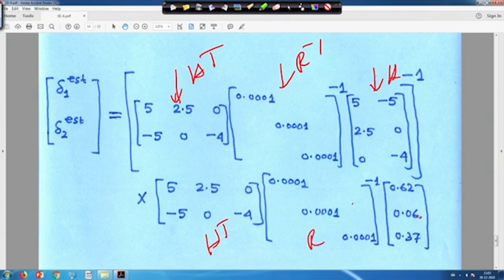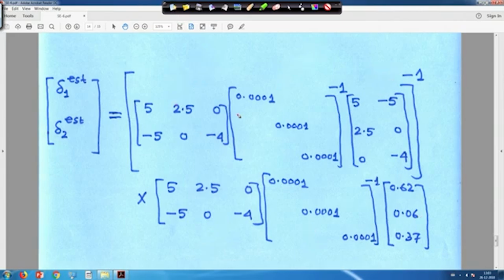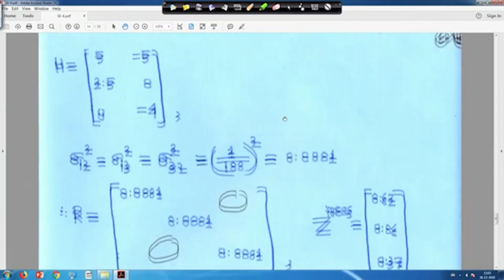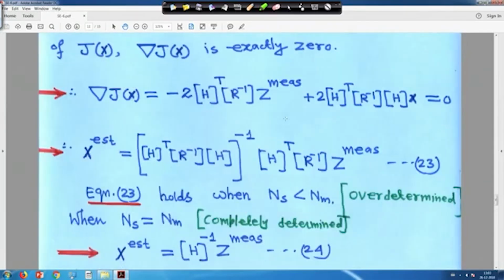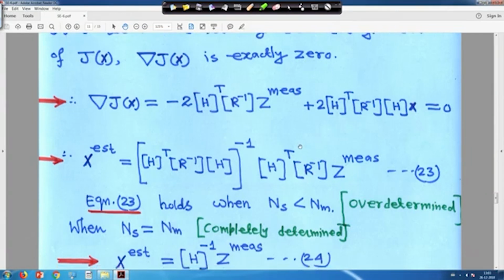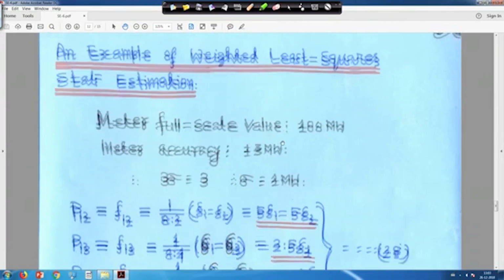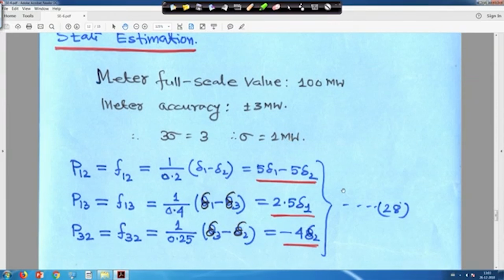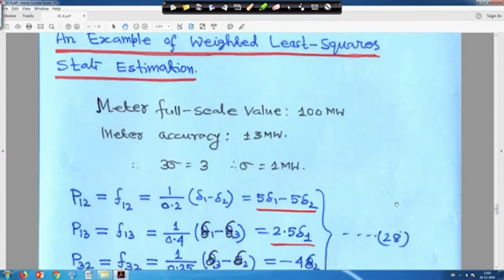So, everything is multiplied. Just put every value in that expression. I will go back to that, just hold on. Go back to equation 23. What you will see is equation 28, I told you, after 27, 28 has come.